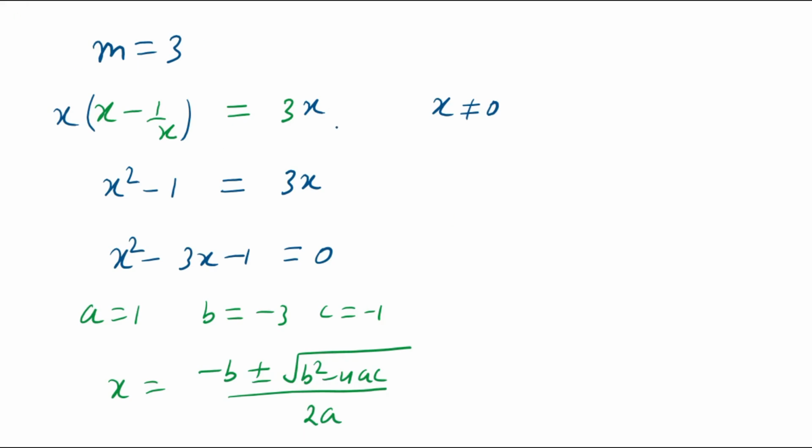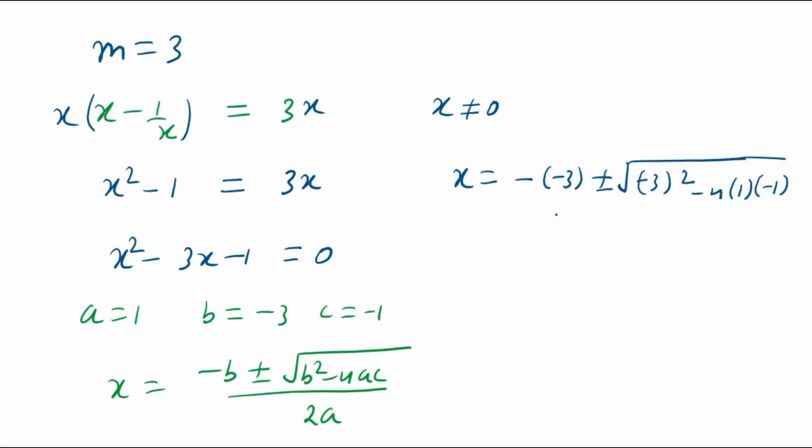So here x = (-(-3) ± sqrt((-3)^2 - 4(1)(-1))) / (2 times 1), and 2 times 1 is 2. Now x = (3 ± sqrt(9 + 4)) / 2, since minus 4 into minus 1 is plus 4.